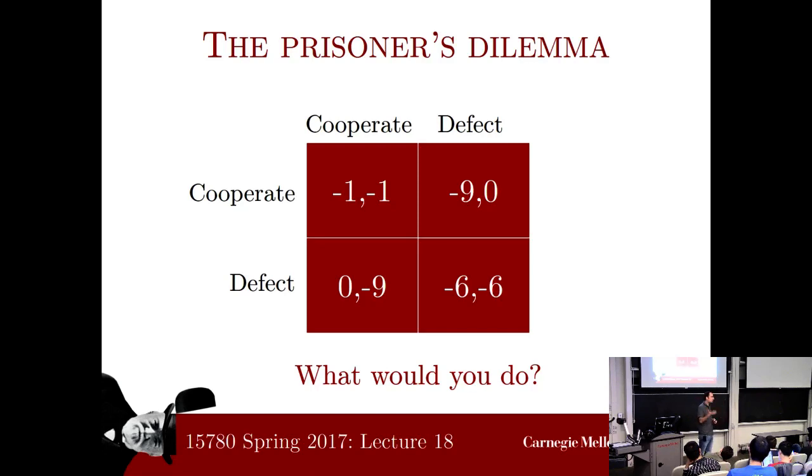But then, if they both end up defecting, they both get 6 years in prison, which is a bad outcome. Right, so this is why this game is so well studied, because it's such a counterintuitive phenomenon where the rational thing to do, and it's not only rational, you're better off in any situation, whatever the other guy does, leads to a really bad outcome.